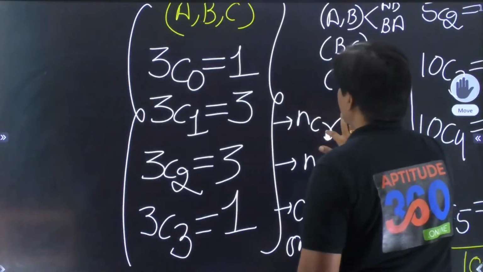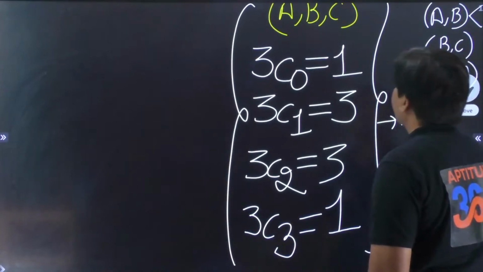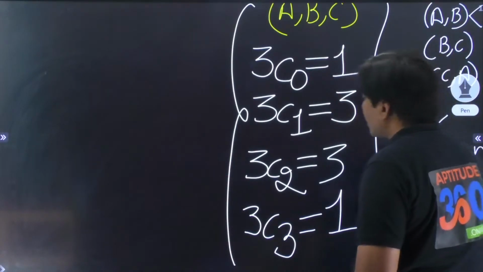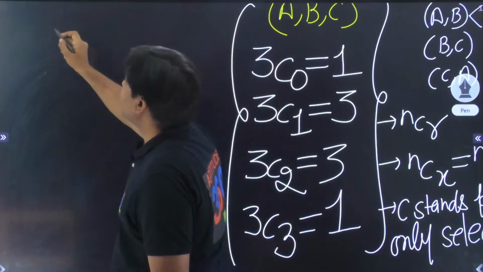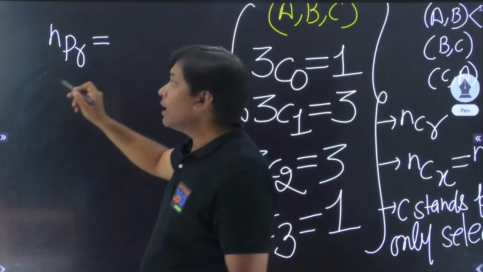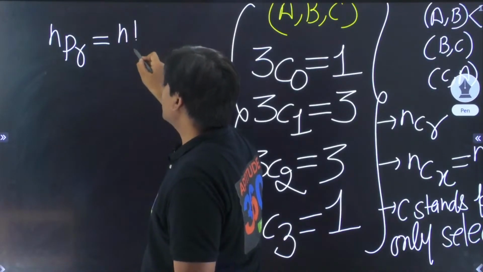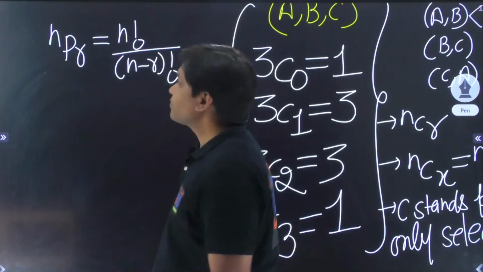Another very important thing. Now, understand this thing. When you have to find out the value of nPr, as I said at the very beginning, it is nothing but n factorial upon n minus r factorial. ठीक है जी.